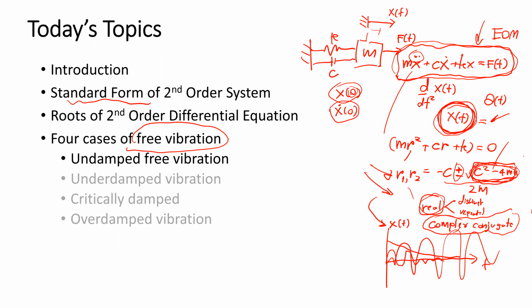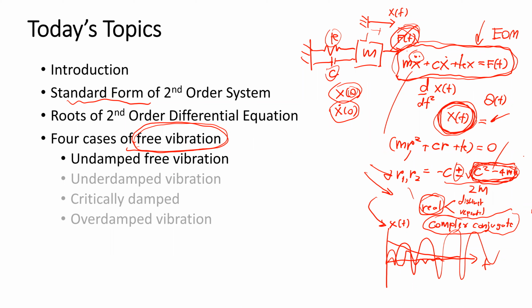But the keyword in free vibration means the force that we apply to the system needs to be 0. We don't have external force except the spring force and the damping force in the system.